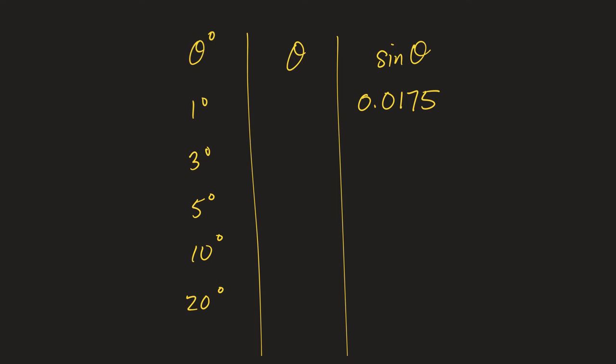So, what is 1 degree expressed as radians? All right, so what is 3 degrees expressed as radians? 0.1047. Really? Try again.